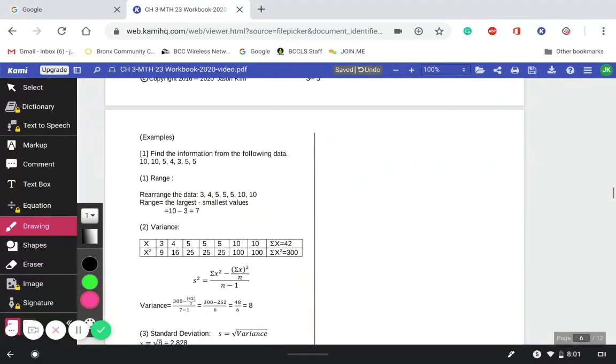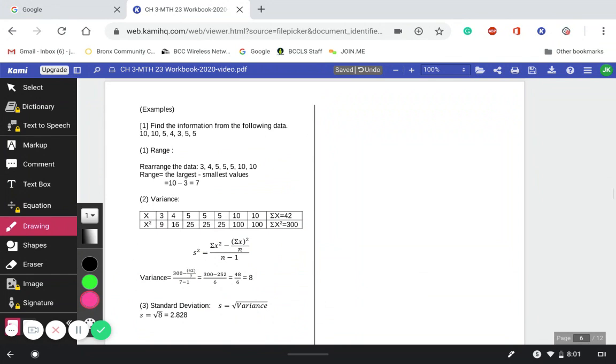So now let's look at another example. Find the information from the following data: 10, 10, 5, 4, 3, 5, 5. What's the range? Again, you find what n is. The size was 1, 2, 3, 4, 5, 6, 7. 7. Number 2, rearrange the data in ascending order.